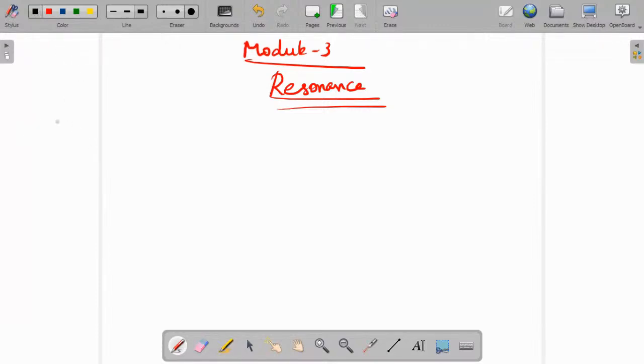If a circuit is at resonance, what is the condition? The first condition for resonance is that the inductive reactance XL and the capacitive reactance XC should be equal. Then we call that circuit to be at resonance. Okay, when XL is equal to XC, the circuit is at resonance.